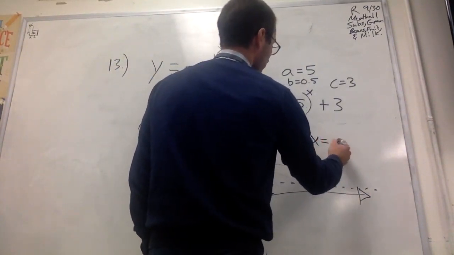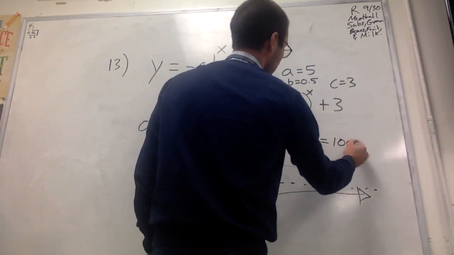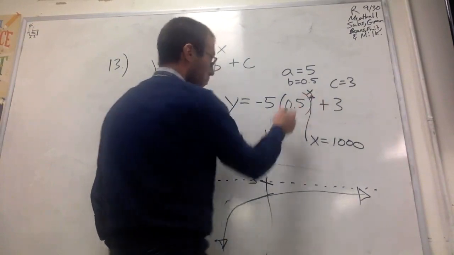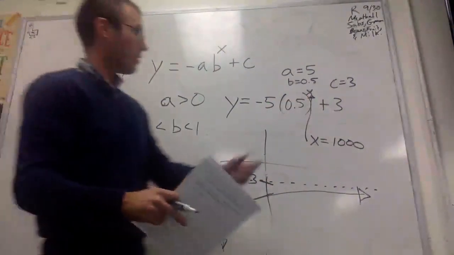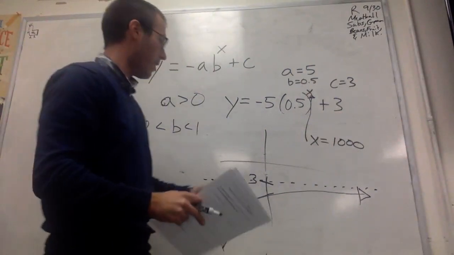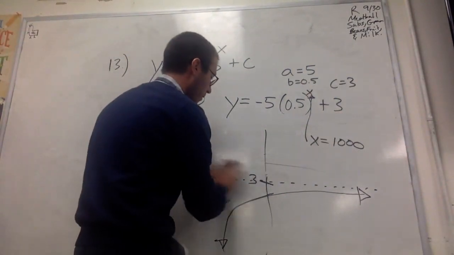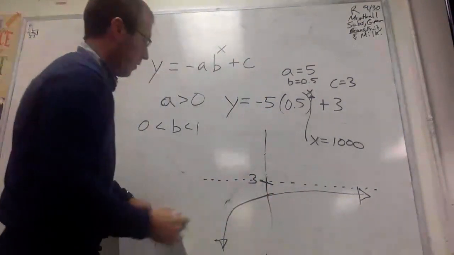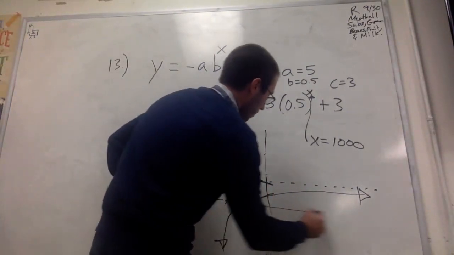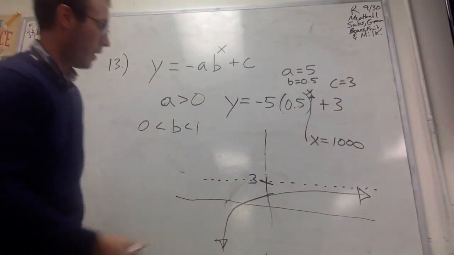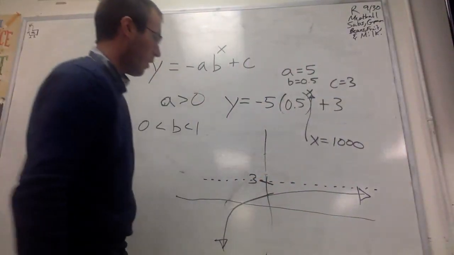When x is, I don't know, 1,000, I encourage you to take it and plug it in and realize that this value right here is going to be, why did I make 3 be over here? That value is -3. 3 should be up a little higher. I don't know why I put 3 there. It hits 3 right there.